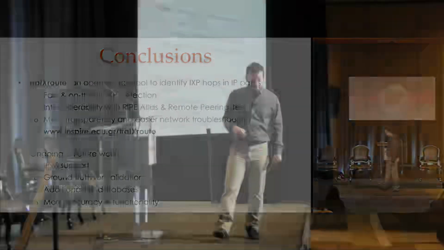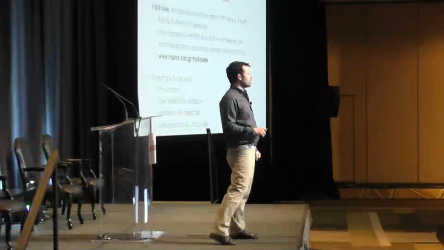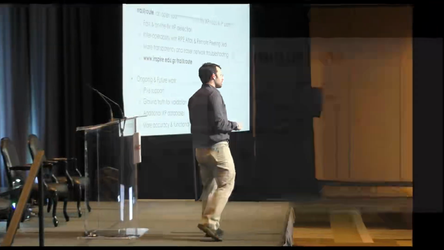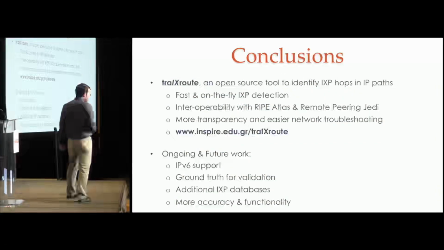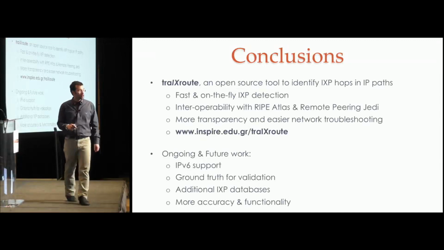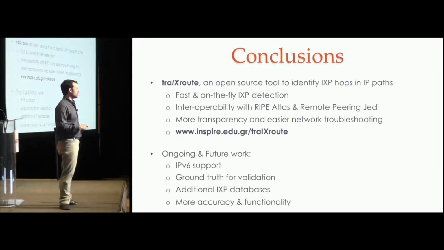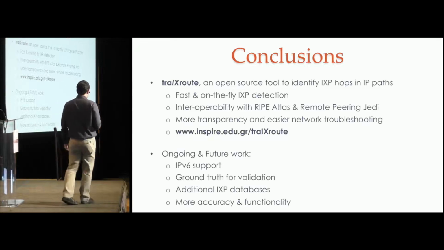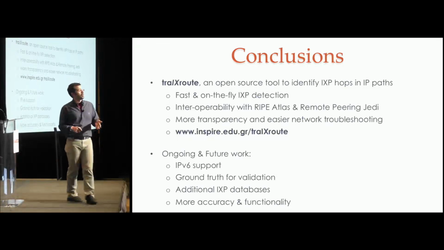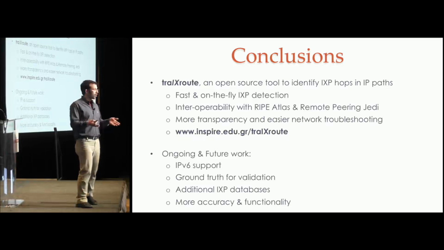So to wrap up, traIXroute is a tool to detect and identify if and at which hop we have IXP crossing links in traceroute paths. We offer fast and on-the-fly IXP detection. traIXroute supports remote peering identification and direct communication with the RIPE Atlas database. And at this point, it's worth mentioning that traIXroute also supports a generic traceroute path format.